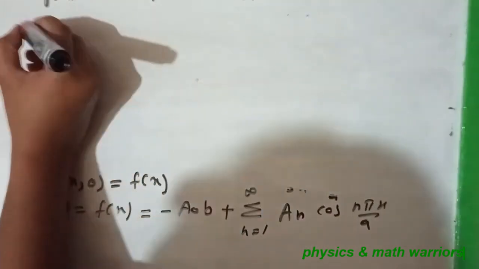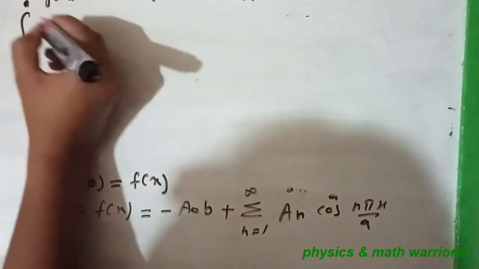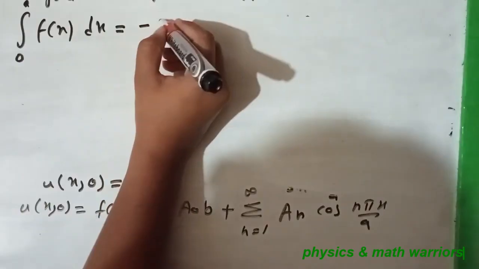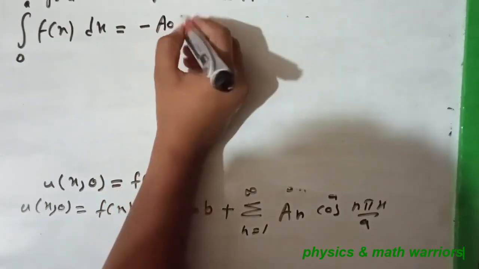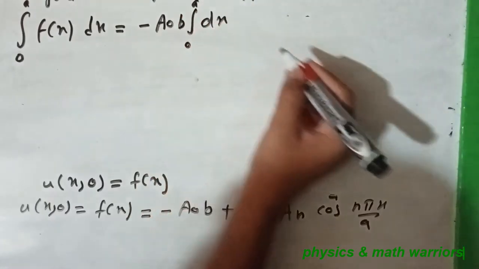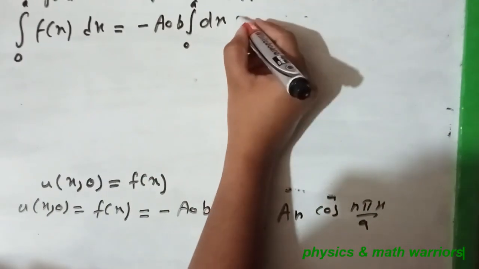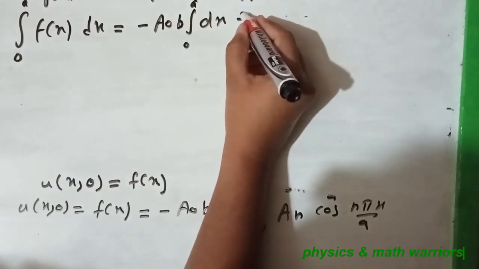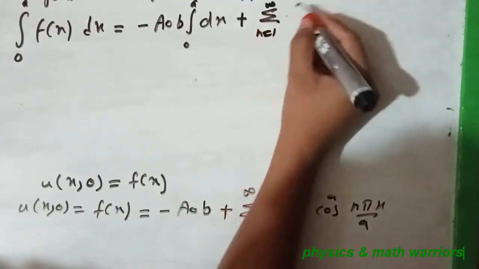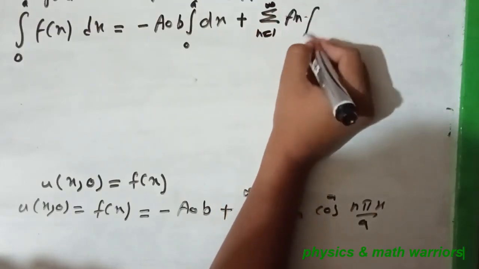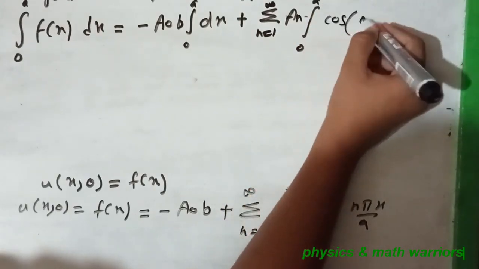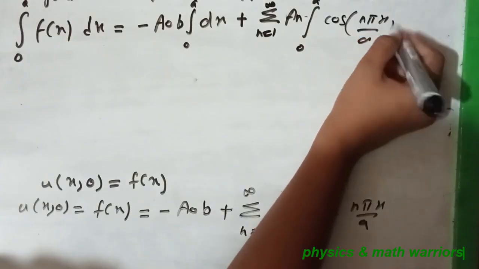So this becomes integral from 0 to a f of x dx is equal to minus a naught b integral from 0 to a dx plus summation n is equal to 1 to infinity an integral from 0 to a cos n pi x over a dx.